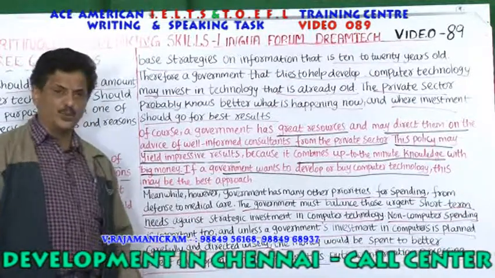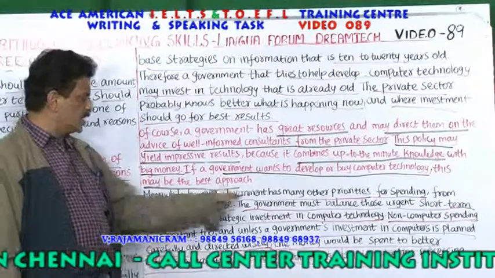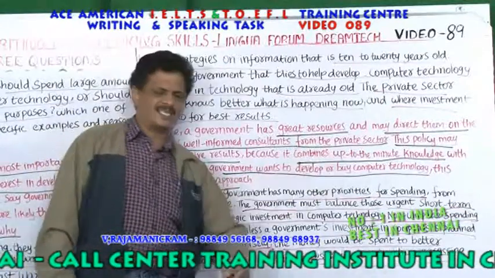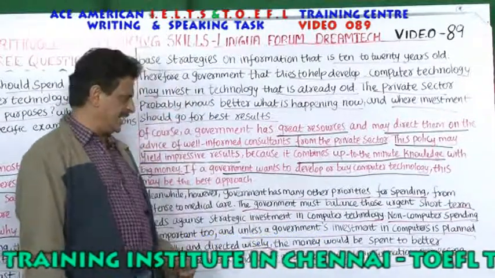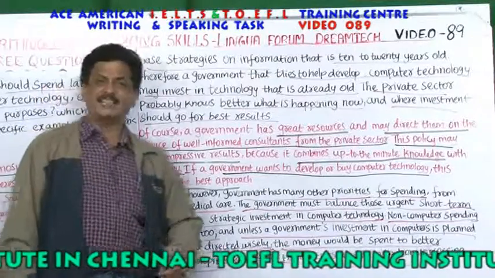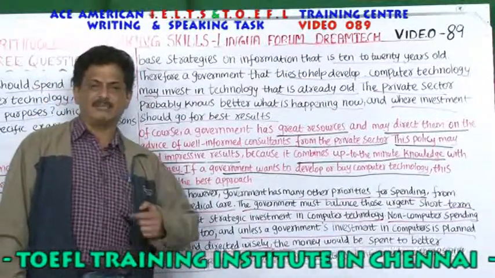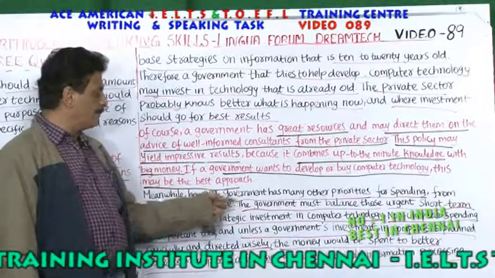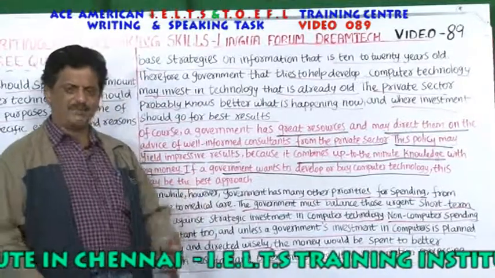இறுதி உரையாக, முடிவுரையாக, at the same time, however, government has many other priorities. அரசாங்கத்திற்கு பல முக்கியமான செலவினங்கள் இருக்கிறது for spending. From defense என்றால் என்ன, தேச பாதுகாப்பு, to medical care என்றால் என்ன, ஏழைகளுக்கு இலவச மருத்துவ உதவி, சிகிச்சை. The government must balance those urgent, அரசாங்கம் அதை சமப்படுத்த வேண்டும்.